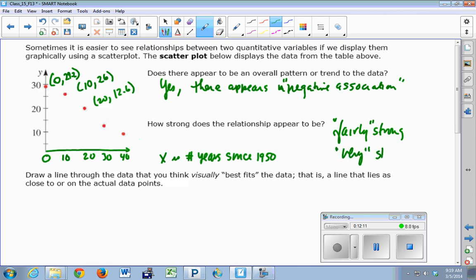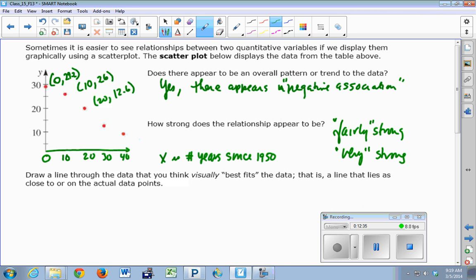Okay. All right. So what I want you to do right now is use your bookmark or any straight edge you have to draw a line that you think visually best fits the data. That means your line comes as close as possible or exactly on all of the actual data points.